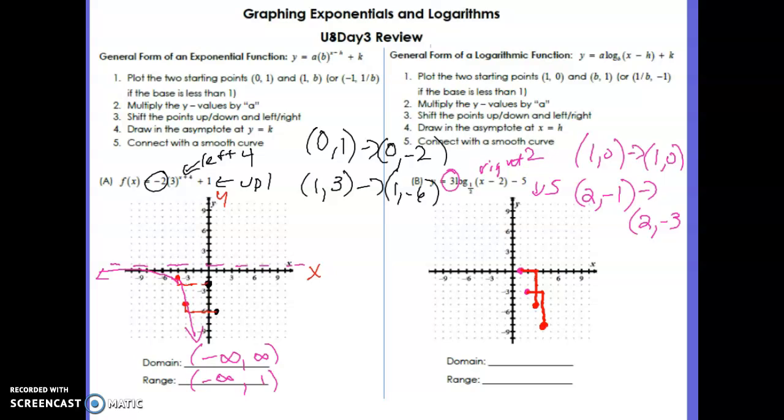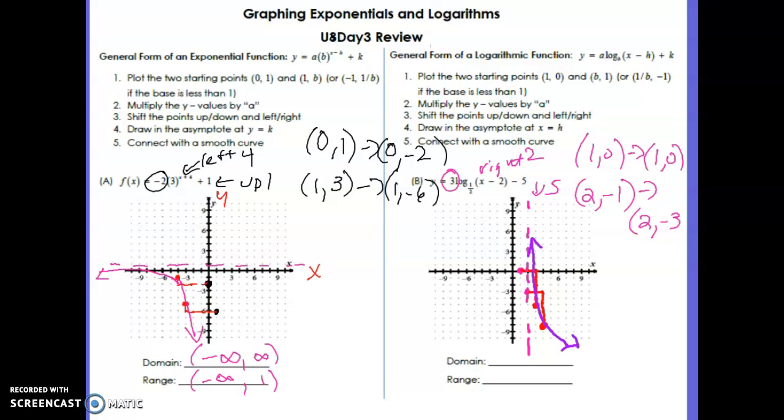The asymptote has been moved to the right 2, because now this is a logarithm, so we're going to have vertical asymptotes, and then you just draw your graph, approaching the asymptote.